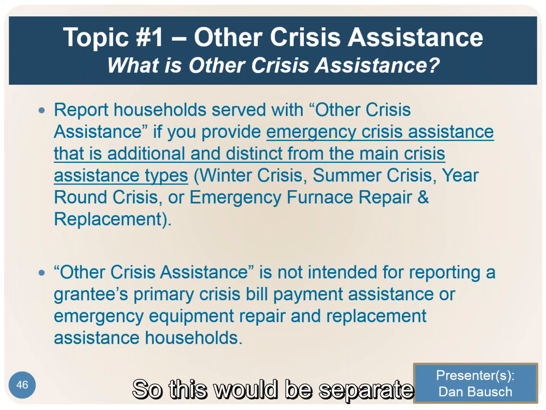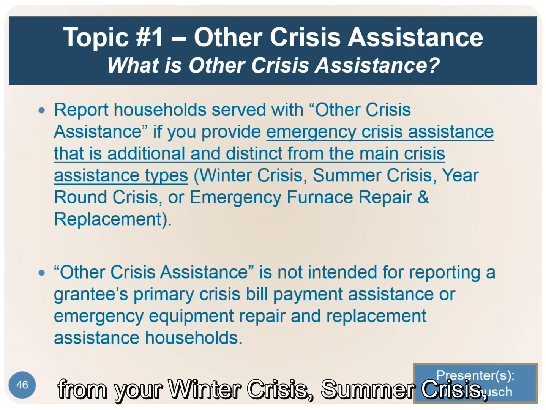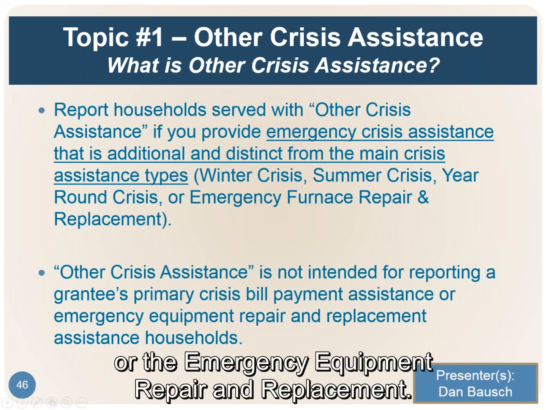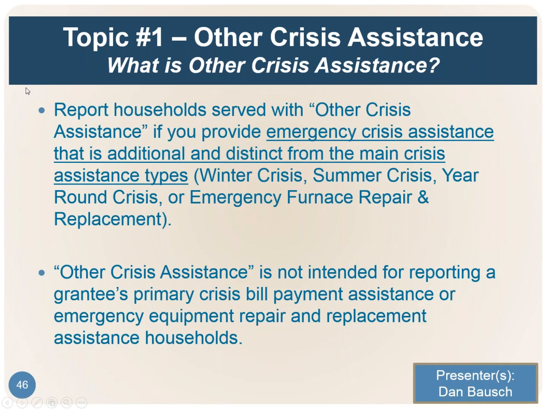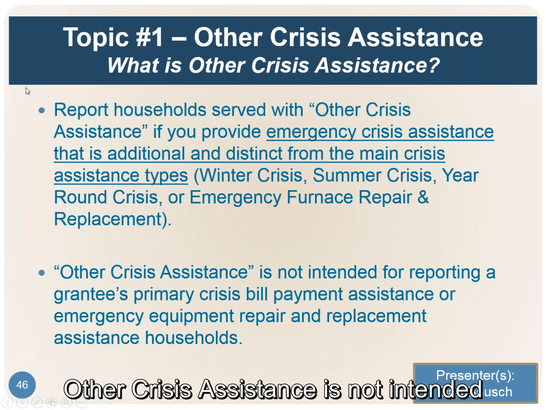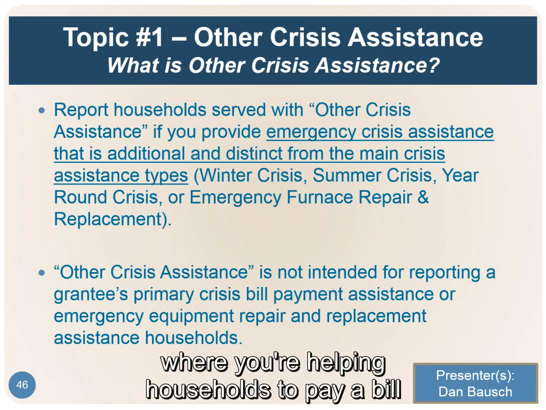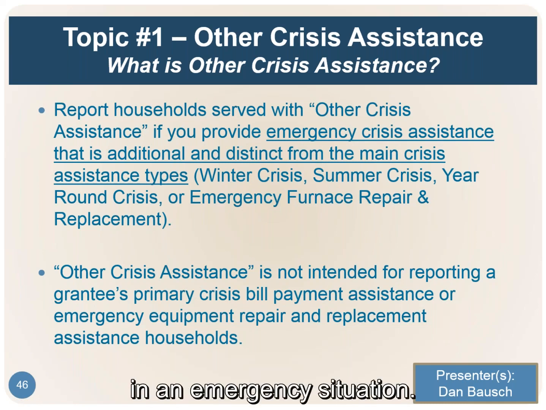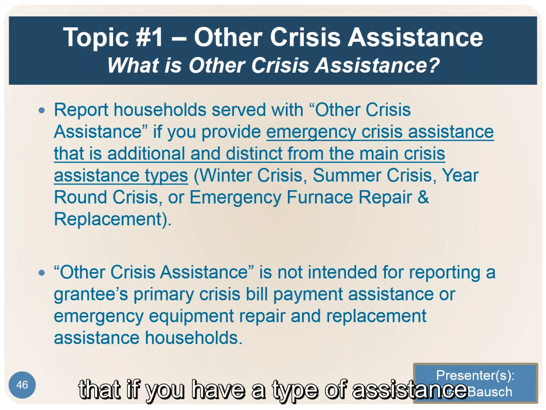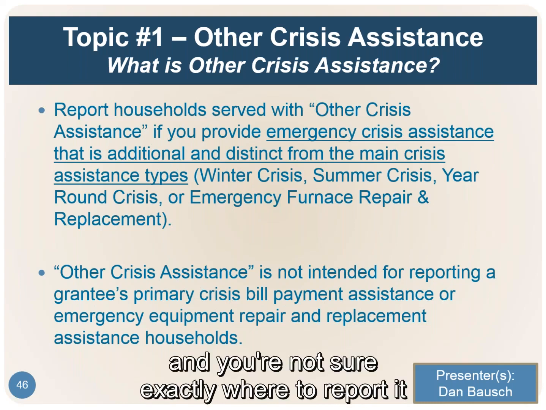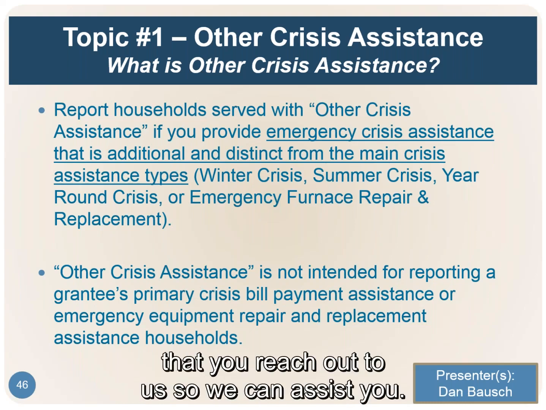So this would be separate from your winter crisis, summer crisis, year-round crisis, or the emergency equipment repair and replacement. Other crisis assistance is not intended for you to report those primary crisis categories where you're helping households to pay a bill in an emergency situation. And we really recommend that if you have a type of assistance and you're not sure exactly where to report it, that you reach out to us so we can assist you.